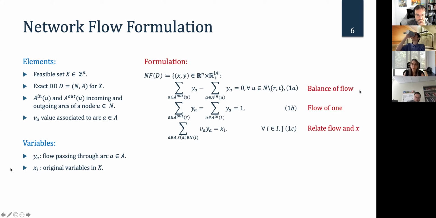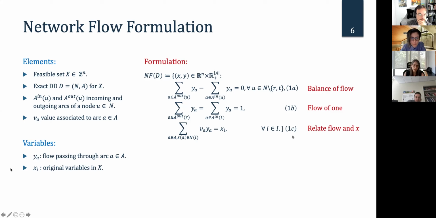Basically, the first constraint tells us the balance of flow. So whatever comes into a node should go out of the node. The other constraint imposes that the flow has to be equal to 1 passing throughout the whole decision diagram. And then we have the constraints that relate the flow with the original variables. So basically they tell us that the point x is a convex combination of all the paths passing through the diagram. This is what more or less constraint 1C is saying.